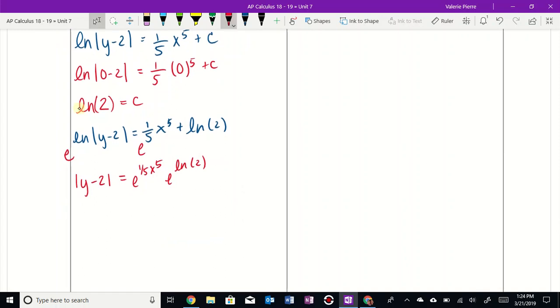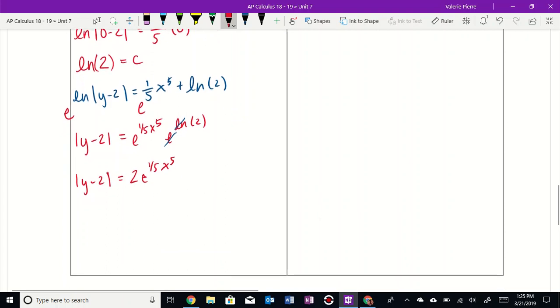Okay, and then the next step, we again have an e to the ln, which will cancel each other out. So we have absolute value of y minus 2 equal to 2e to the 1/5 x to the 5th. Okay, we're that much closer to solving this now. Now, because this is absolute value, that means that we have two possible equations that we can look at.